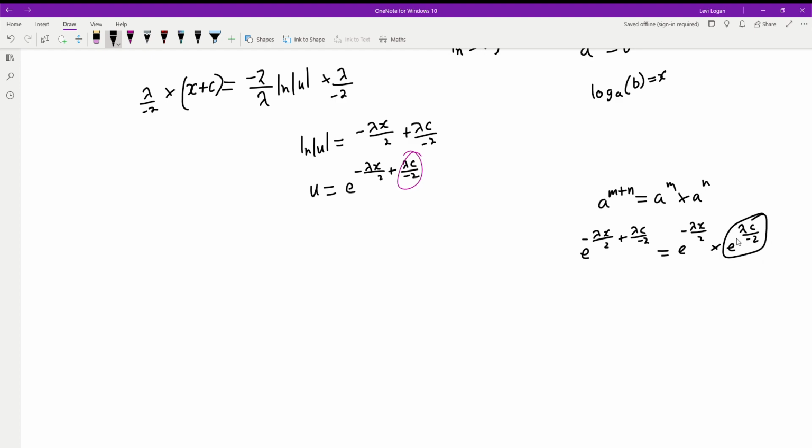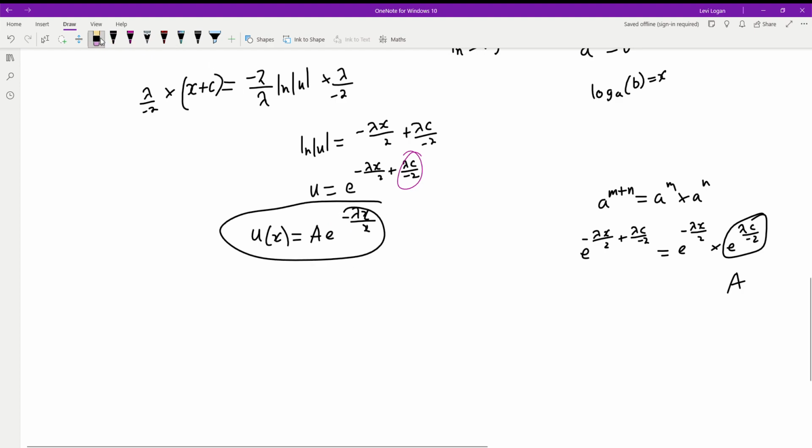And we can say this whole thing here is just some constant a. So we can simplify this as u of x is equal to some constant a, e to the negative lambda x over 2. And that's our function of x.